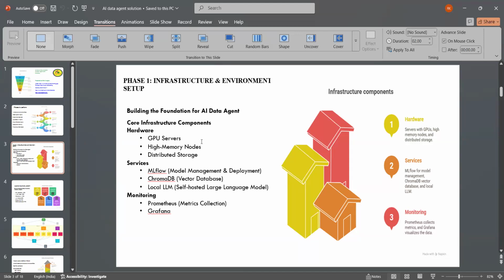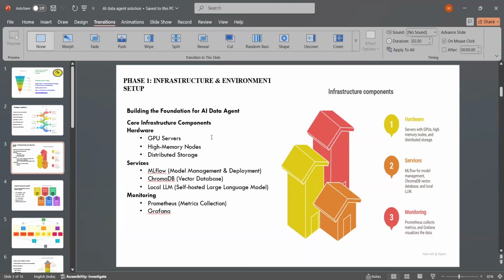First, GPUs: set up GPU servers, high memory nodes, and distributed storage. GPU servers provide high speed data, the high memory nodes handle large datasets and memory intensive tasks, and the distributed storage stores the maximum volume of data.